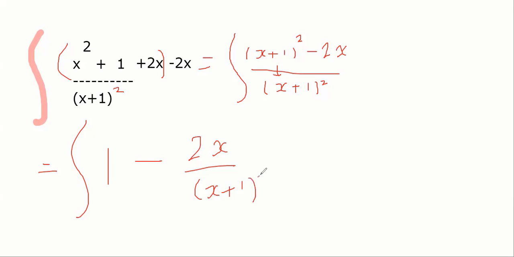So this is more simpler than the original question, right? Integration of 1 we know. Integration of 1 we know is x. The only way to do is integration of 2x by x plus 1 square. Again, either you substitute x plus 1 whole square equal to something, or I'll make it easy again.